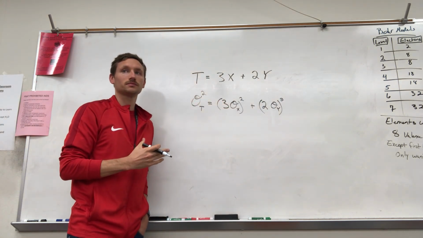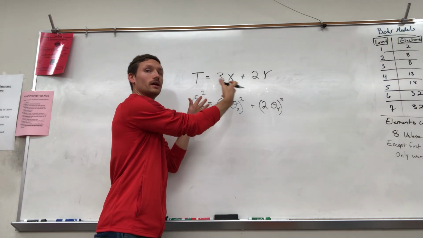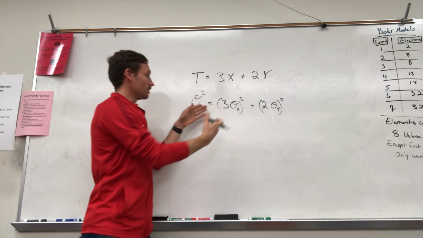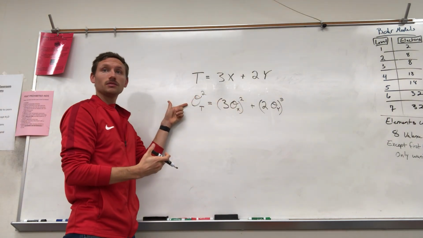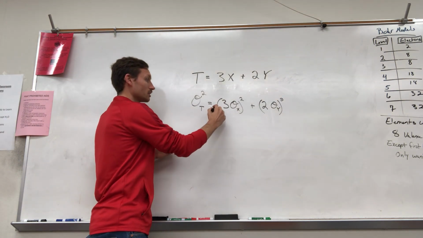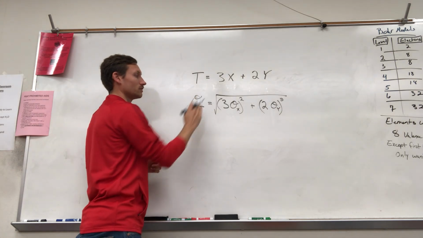You with me on this? Yeah. We can only add variances, so I multiply to get the new standard deviation, then square it to get the variance. This will give me the variance of T, but I want the standard deviation of T. So all I have to do is take the square root of this, and that'll be my standard deviation.